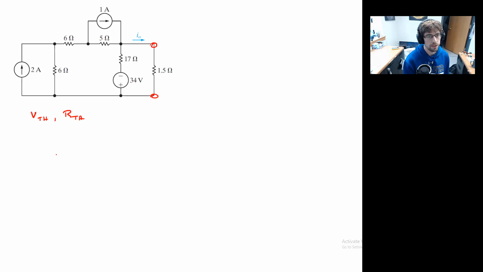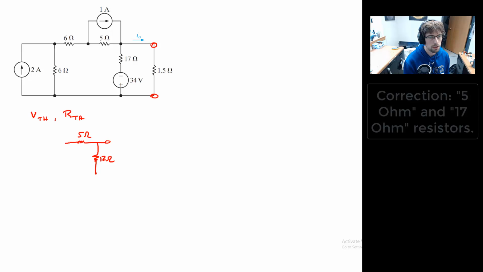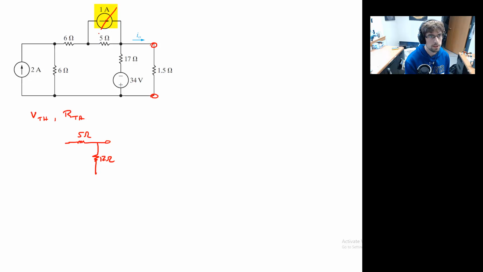And so what do we have here? We have our open terminal. We have a 5-volt supply and a 7-volt supply in parallel. Right? Oh, the 7 volt just comes straight down. There we go. Or 7 ohm, excuse me. 17 ohm. That 1 amp supply is removed from the circuit, as is the 2.